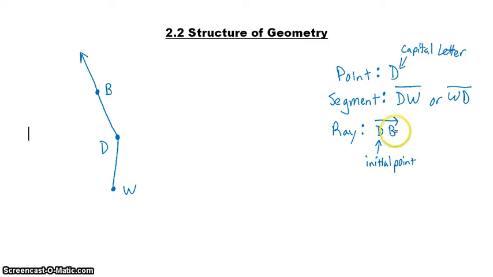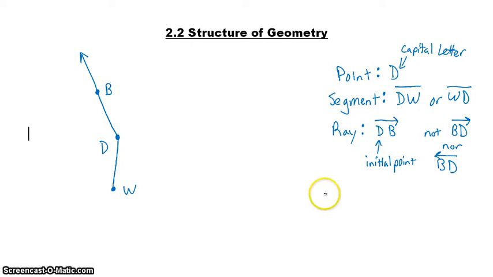A ray can only be written this way. I can't start with B and go to D and write my line like this, nor could I start with B and go to D and reverse my ray. A segment I can reverse, a ray I can't.